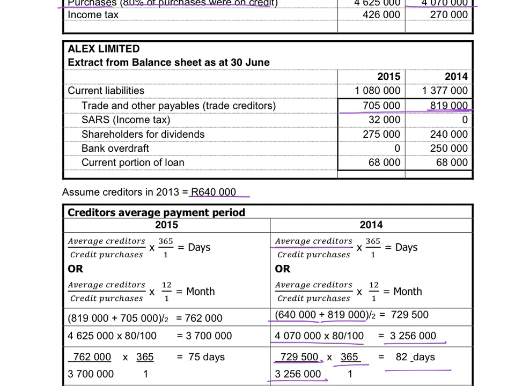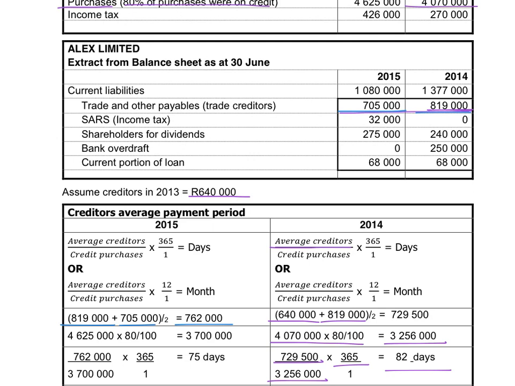Then we will do a similar calculation for 2015. So we will look at our creditors in 2015, which is 705,000, plus the creditors at the end of the previous year, 819, divided by 2 gives us an average creditors of 662,000.